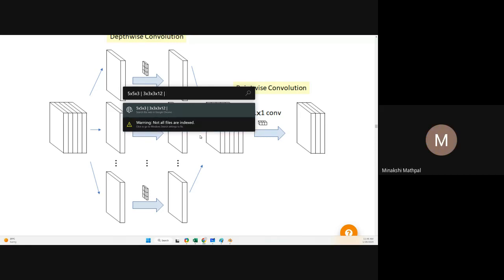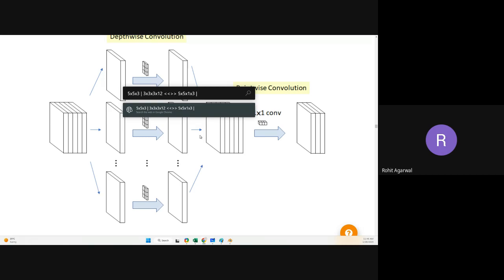What we are going to do now is use a 5 cross 5 cross 1 cross 3, cross 12. This is the input now. For each channel, you have a separate kernel.